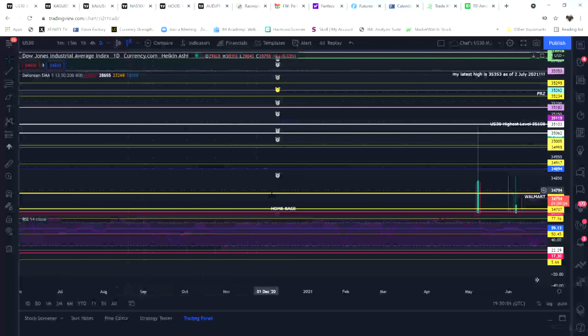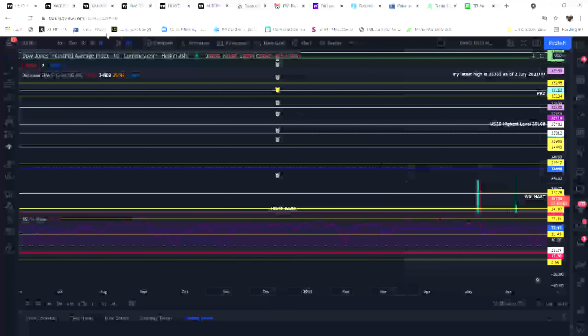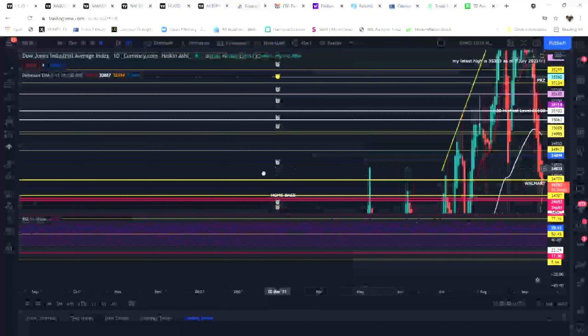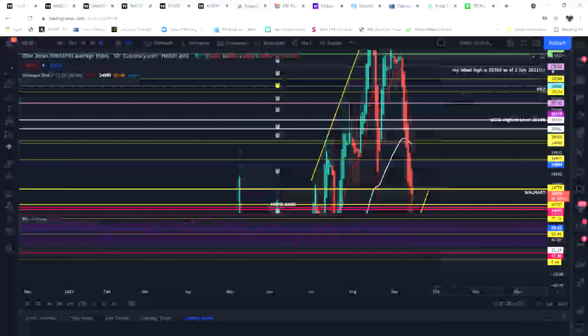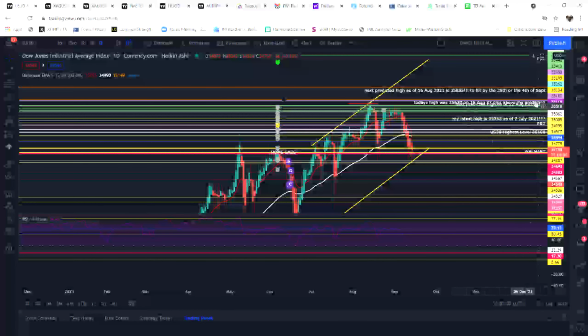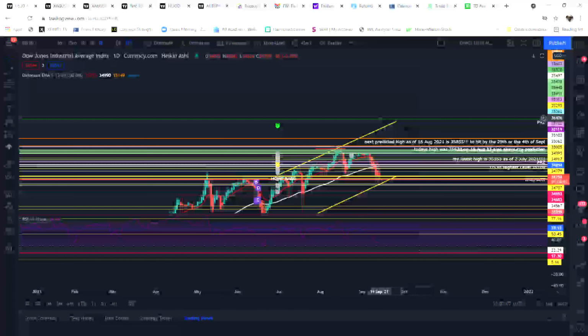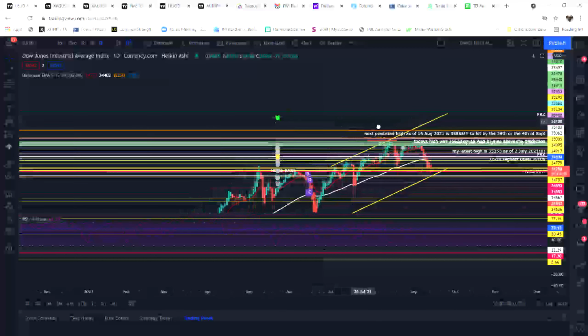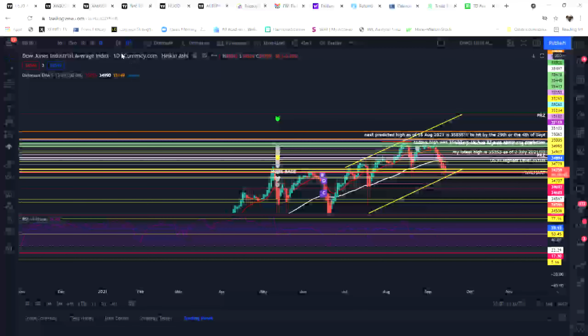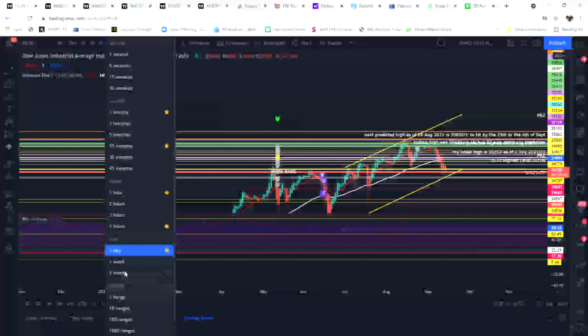Like for me, the highest point, I mark that first, with just one resistance line. So the highest level that the US30 has ever hit.